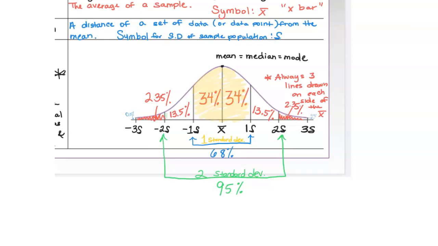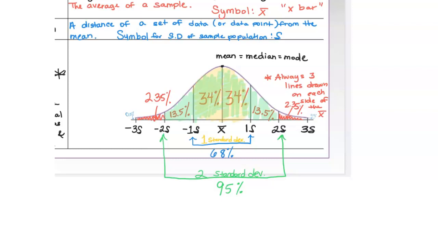Well, 95% comes from adding 13.5 plus the 34 plus the 34 plus your 13.5. So the amount of data within this section, this section, this section, and this section, these 4 sections in the middle, that's 95% of your data. So they're telling you 95% of your participants within your study are within the first 2 deviations of the mean.